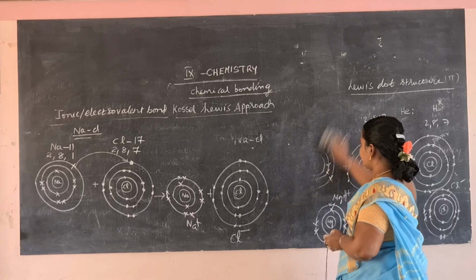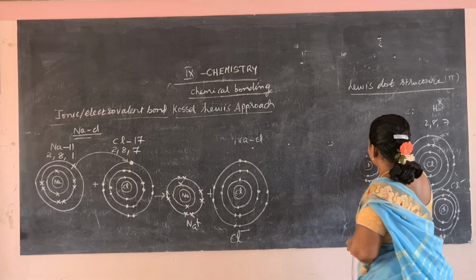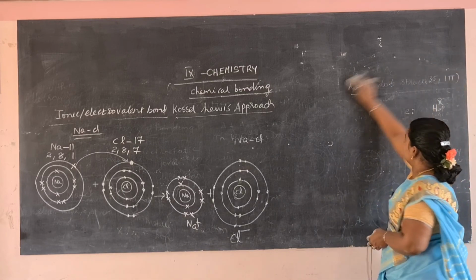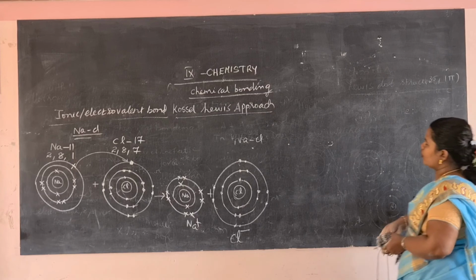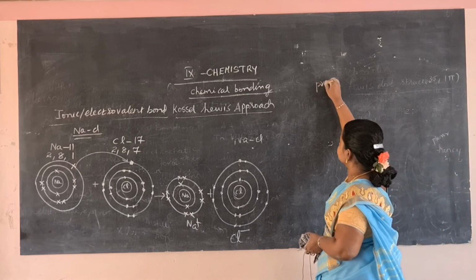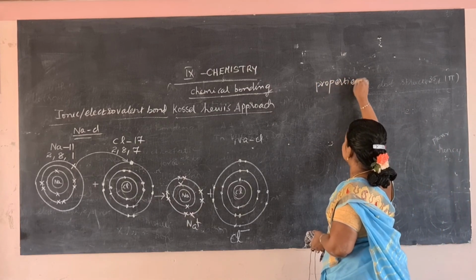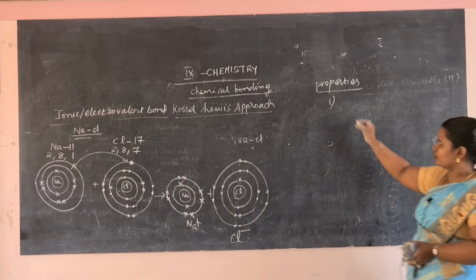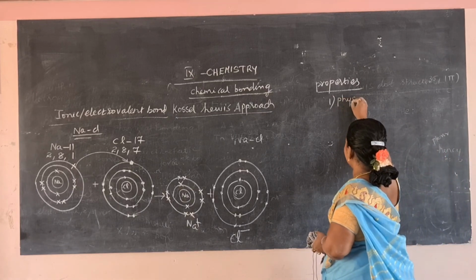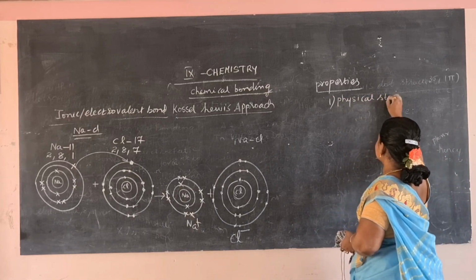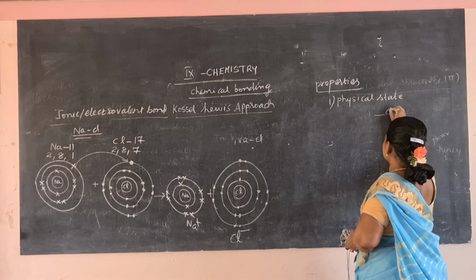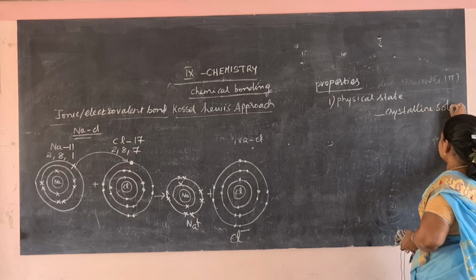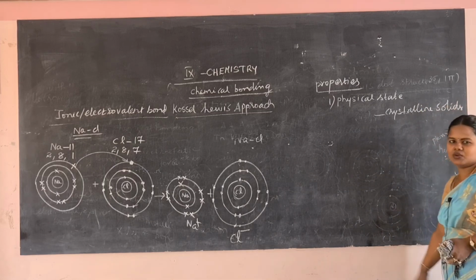Then characteristics of ionic compounds. So what are the characteristics, or properties, of ionic compounds? Since they have strong electrostatic force of attraction, as for the physical state, they are crystalline solids at room temperature.